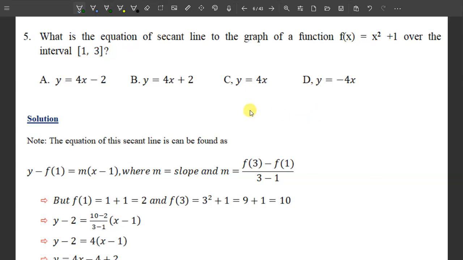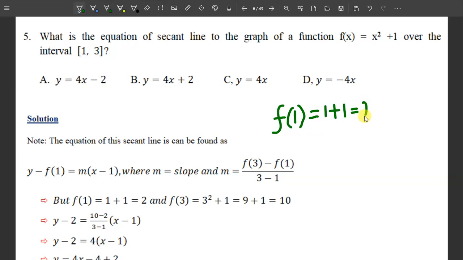First, find f of 1. What is f of 1? When our x is equal to 1, then f of 1 is going to be 1 squared plus 1. Simply replace x by 1. 1 squared plus 1, which becomes 2. And also f of 3.